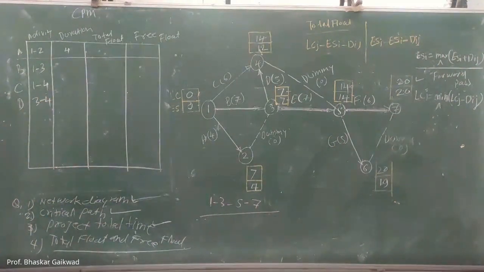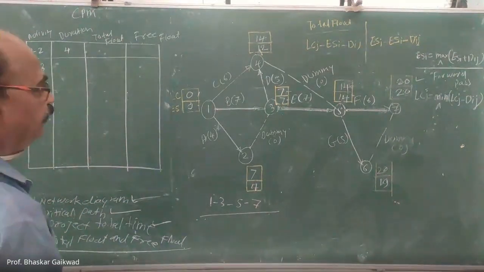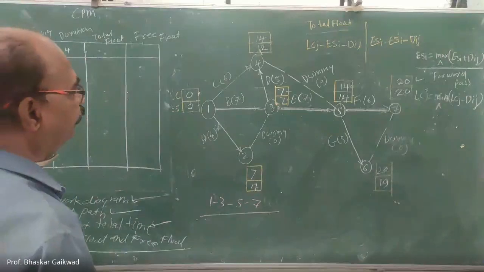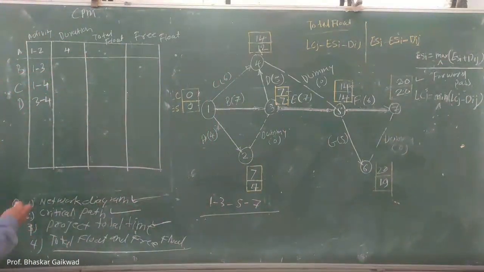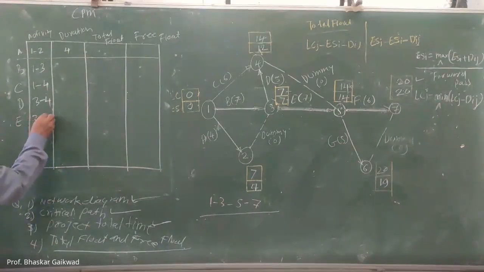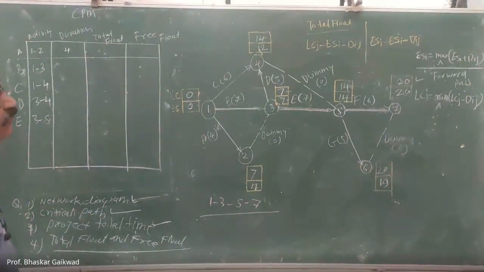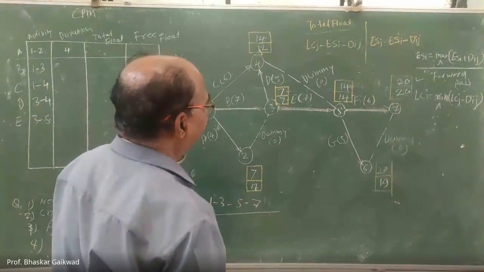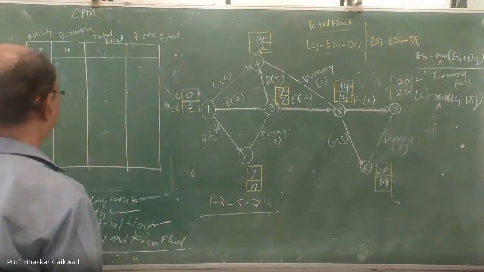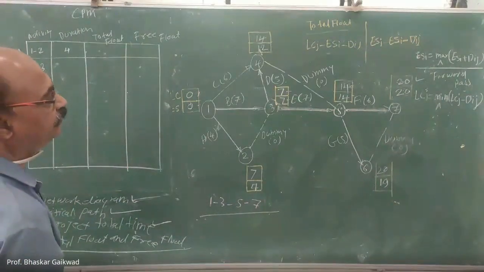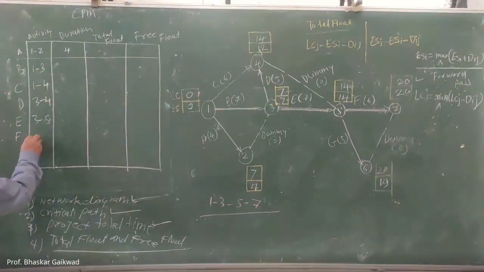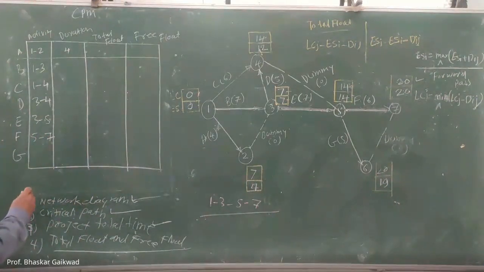After that A, B, C, D, E. Where is the E? E is 3 to 5. After that F, EF, what is that? F is 5 to 7, and G, that is 5 to 6.